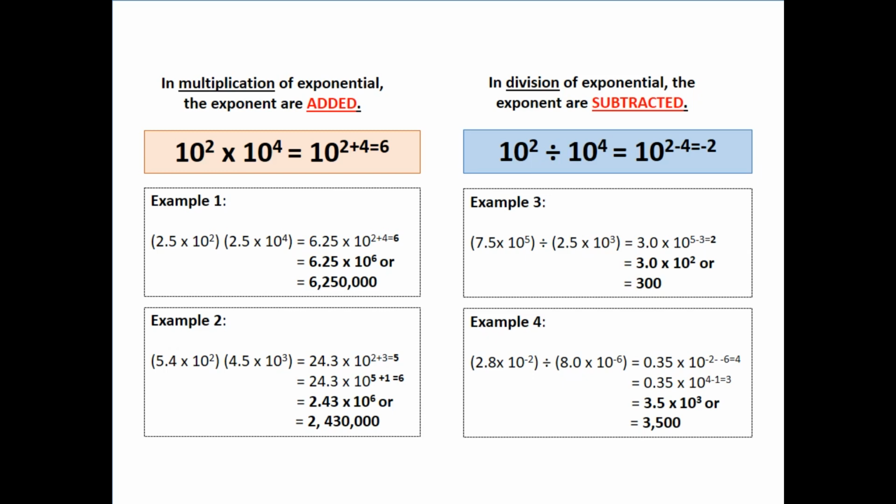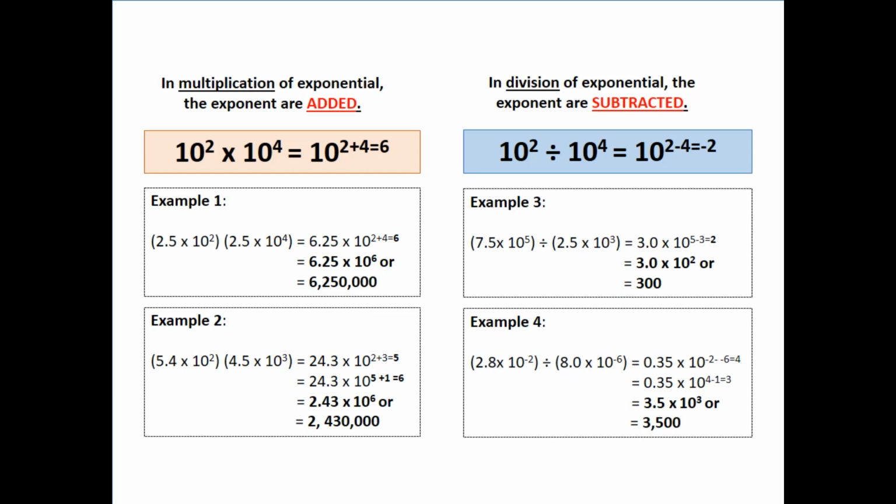Okay? 6.25. Now, you're going to copy the times 10 and then you copy the exponents. So, you copy the exponents 2 and 4. Okay? So, it will become 10 raised to the power of 2 plus 4. So, you have the exponential form 6.25 times 10 raised to the power of 2 plus 4 is equal to 6.